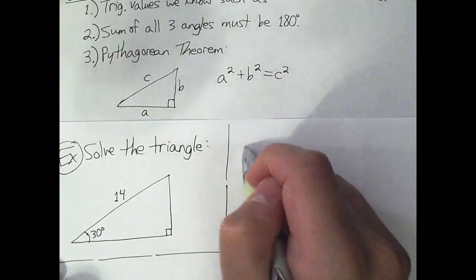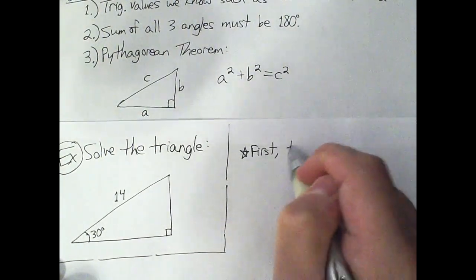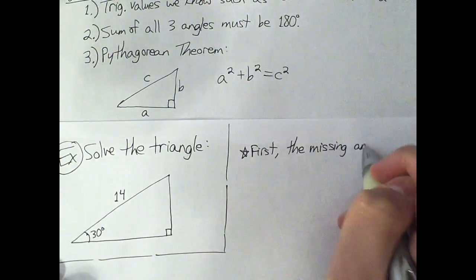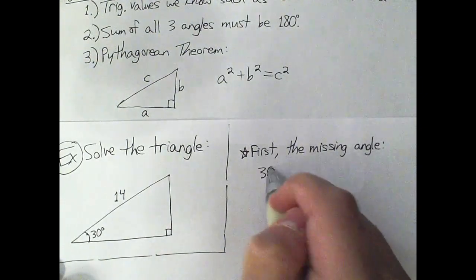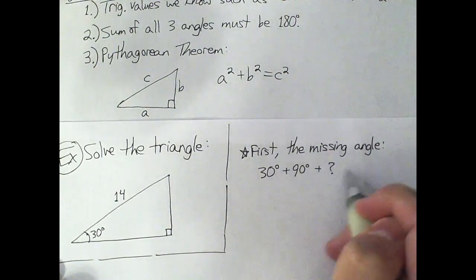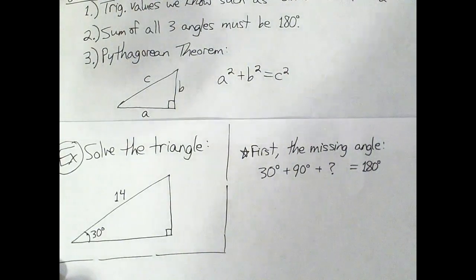Maybe first, let's find the missing angle. 30 degrees plus 90 degrees plus the missing angle has to add up to 180 degrees by fact 2.